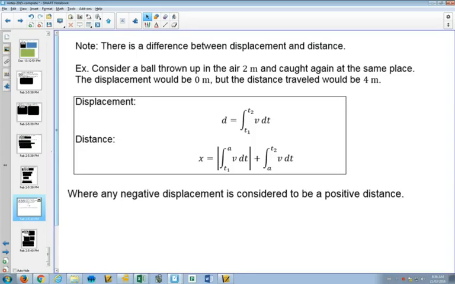And wherever I'm traveling backward, that would give me a negative area under that curve. So then we have to introduce some absolute values. So if you have your velocity formula and you're wanting to find distance, you not only have to figure out what our displacement formula is, but you also have to figure out where is that part negative and where is it positive so that we can calculate each of those things separately.